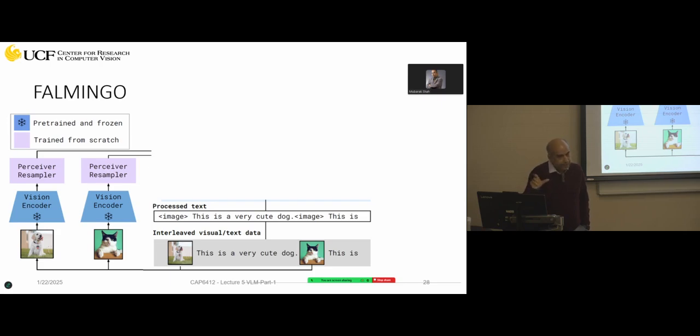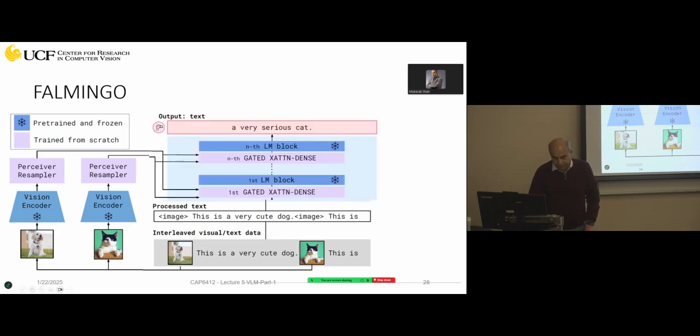But the text normally is smaller. And also an image has many, many tokens. Right? One image will have 196 tokens or something? Lots of them. So this Perceiver model will convert the number of tokens or the dimension of each token, to align with the dimensions of the text.